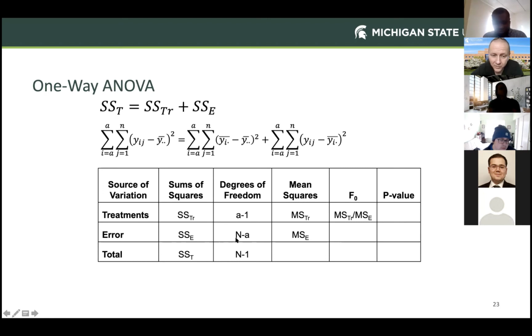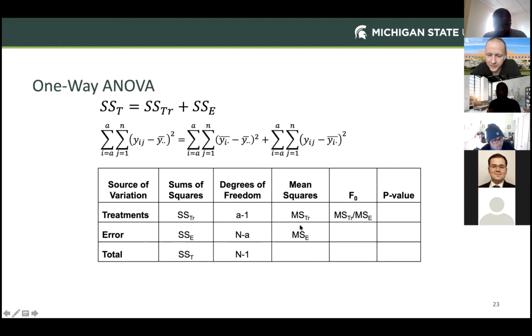Capital N here is just going to be A times n, so the number of groups times the number of observations within each group, and the error degrees of freedom are N minus A. We're always going to have N minus 1 degrees of freedom for our total sum of squares. Okay, total sum of squares divided by its degrees of freedom would just give us our variance back.